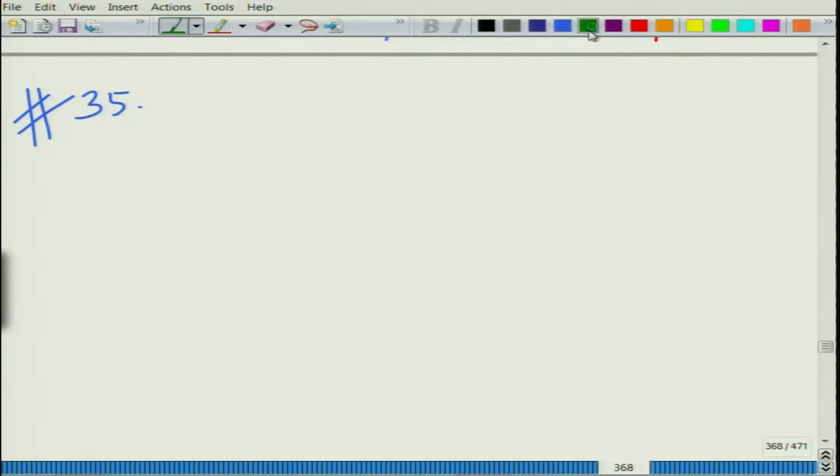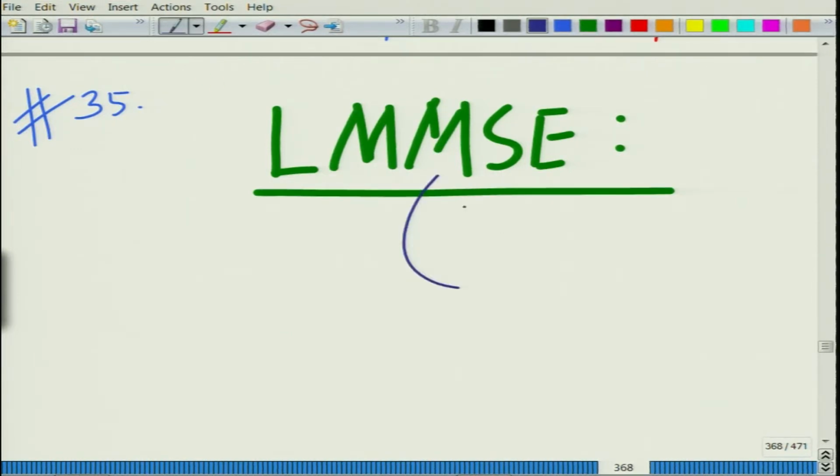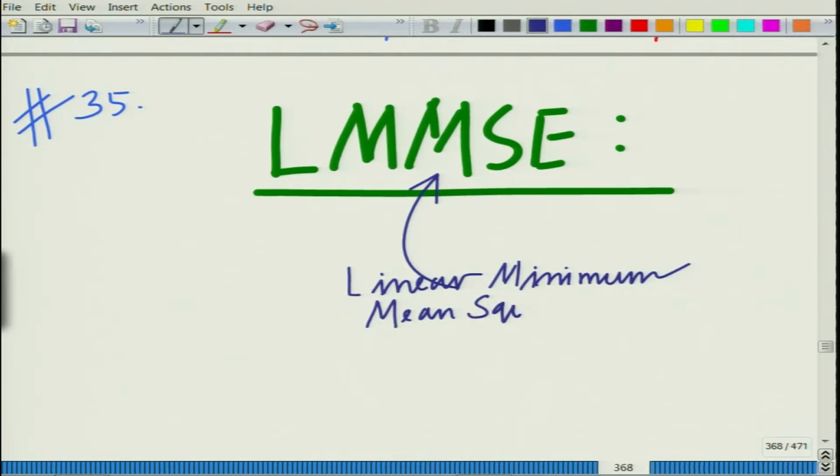So, let us look at the concept of LMMSE, which essentially stands for, I am going to explain the name in detail, linear minimum mean square, or you can also say mean squared error.